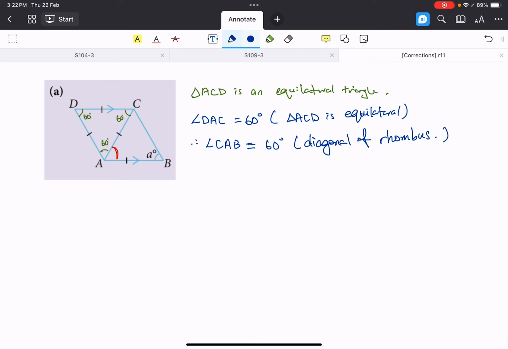Finally, we can find angle A. A degrees is going to be equal to 180 degrees minus 60 degrees over 2. Why do I do that? Because based on the diagram and the information given, we only know there's an isosceles triangle. We don't know there's an equilateral triangle yet.